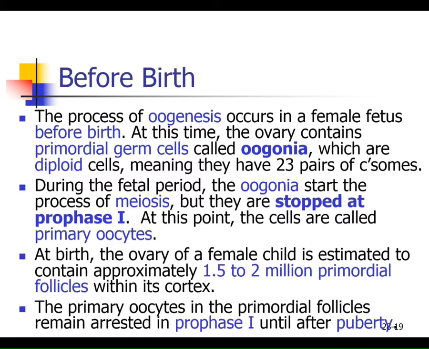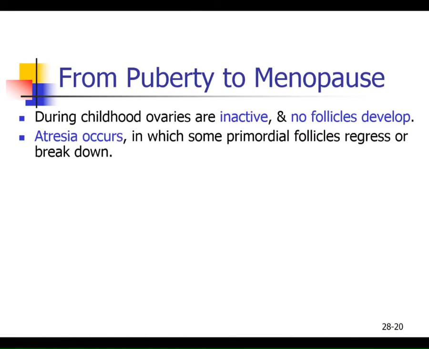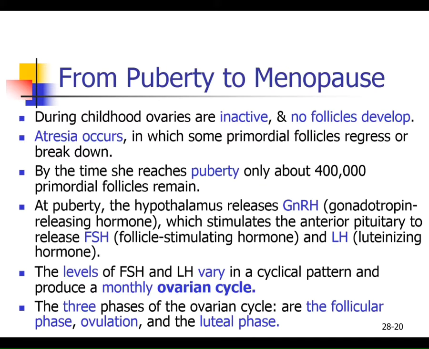We're starting off with 1.5 to 2 million, and I'm telling you the numbers are dropping off. But how many do we actually need? How many eggs will you release in your lifetime, ladies? Approximately. Let's say from age 10 to age 50, just to keep it easy for numbers.